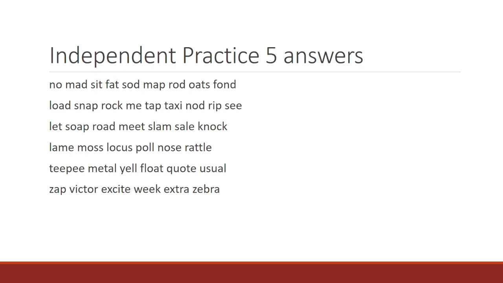The fourth line is lame, moss, locust, pole, nose, rattle. The fifth line is TP, metal, yell, float, quote, usual. And the sixth line is zap, victor, excite, weak, extra, zebra.